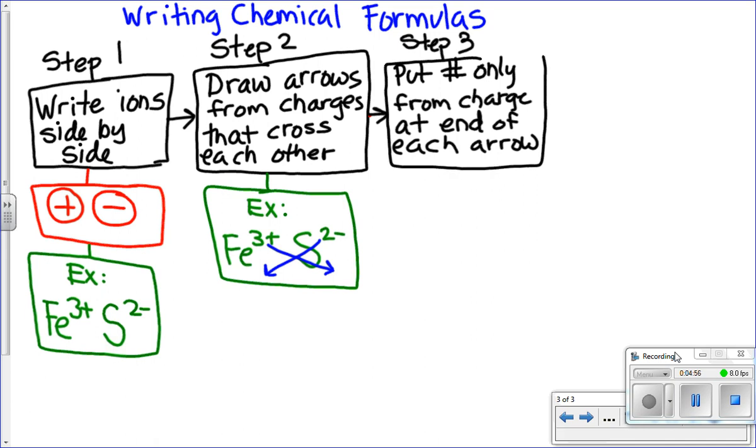This is called the crisscross method. We're going to transfer the number from the top to the bottom, and we're not going to use the charge, just the number.